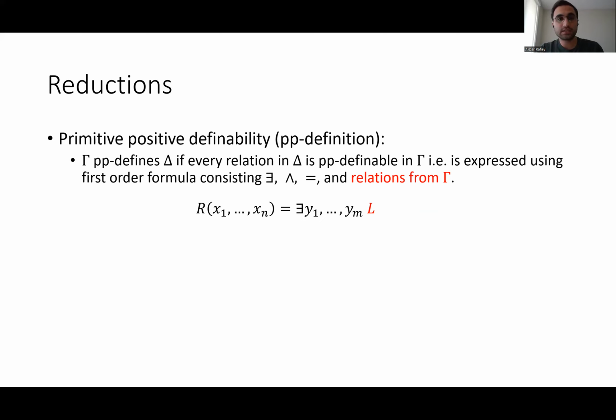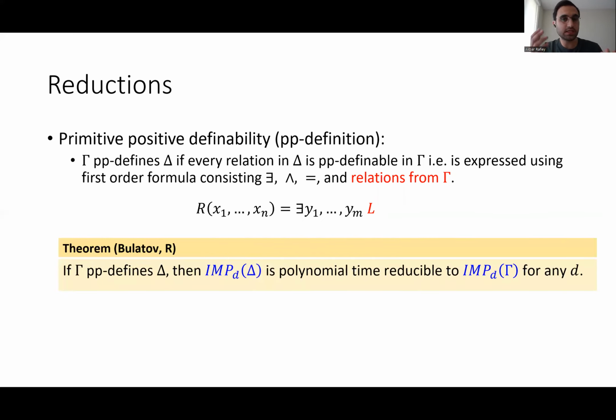At the heart of this universal algebraic approach to CSP is the notion of primitive positive definability, or for short, pp-definition. This basically says every relation from a constraint language can be expressed using a first-order formula from relations of another language. If this is the case between these two languages, then I have a reduction between the corresponding IMPs. This is the case where my constraint languages are over the same domain.